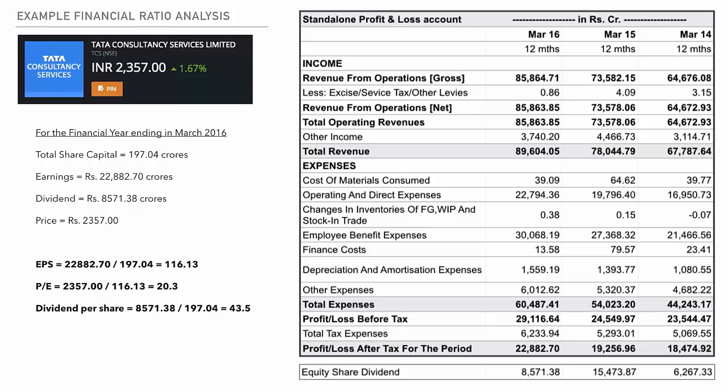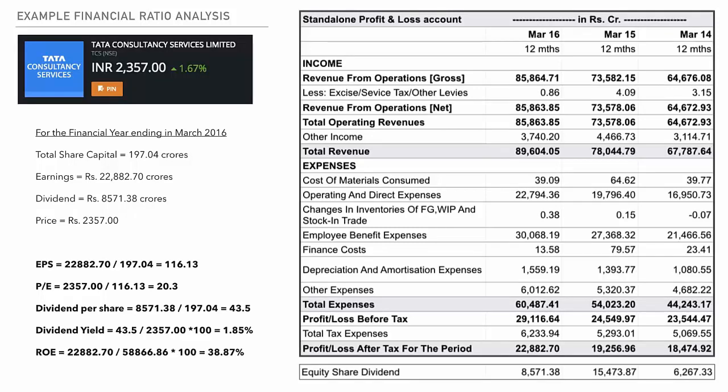ROE. ROE is the return on equity we learnt in the earlier module. Return on equity is nothing but your earnings divided by the total share capital. Now, total share capital, when I say here, it's the total shareholders' funds, which is the total share capital 197 crores plus the value of 58,669 crores.